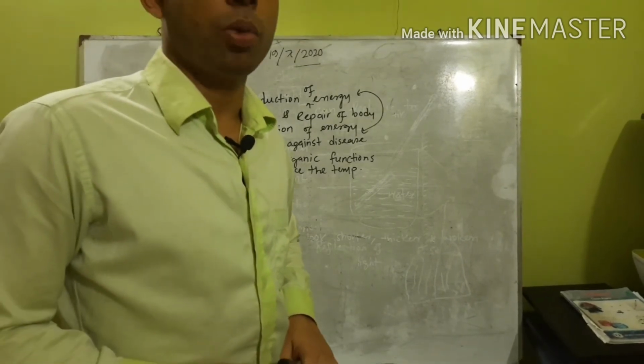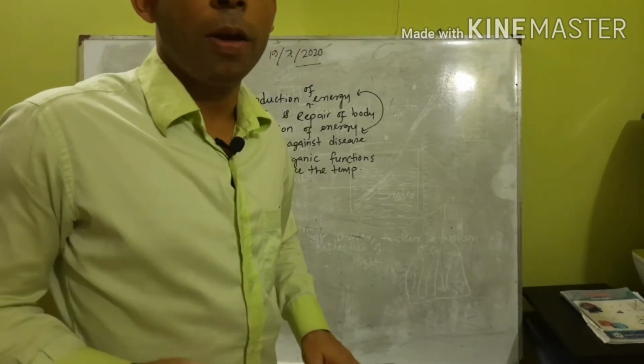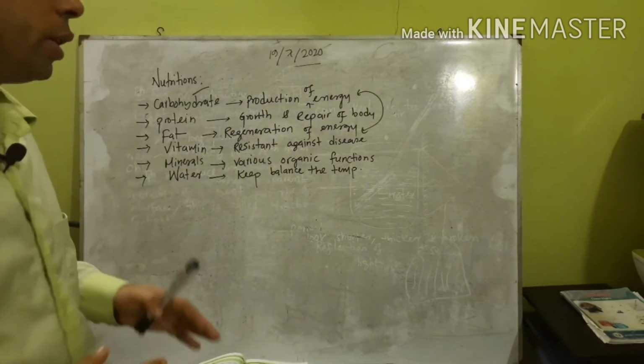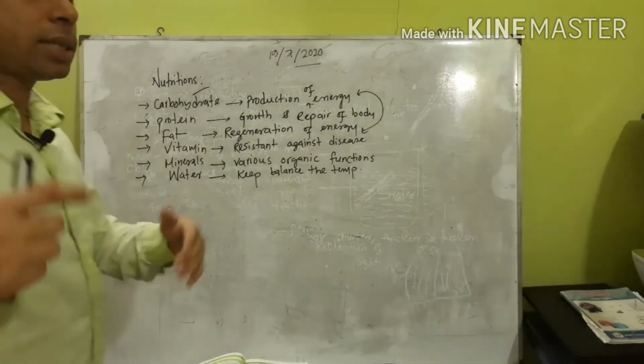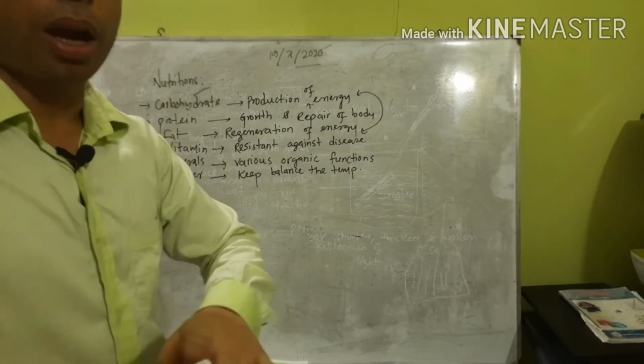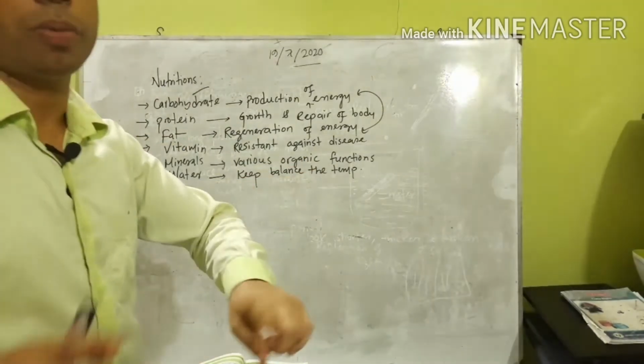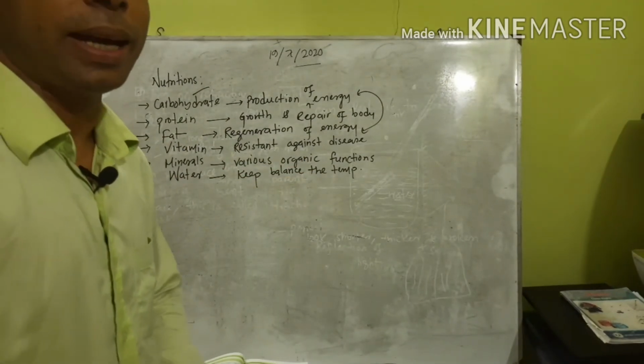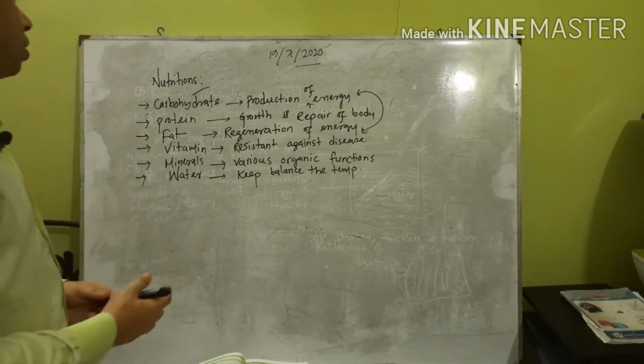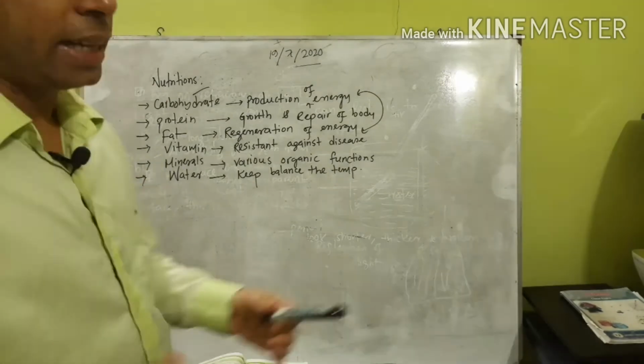After some time when taking rest, it will be normal, but at the time of taking the food, it looks hot. Carbohydrate also helps in production of energy, but fat is basically functionally active in regeneration of energy. Vitamin is resistance against disease.